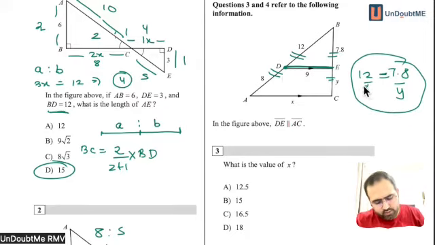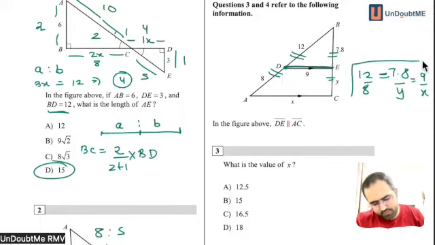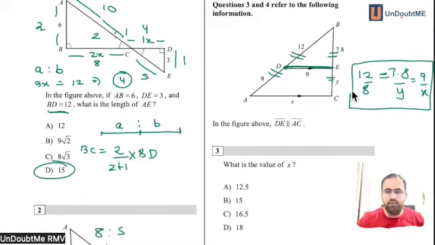Also that will be equal to 9 over x. So from here you can get the value of x. You can get y also. If you cross multiply 12 over 8 is equal to 9 over x, you get 6.